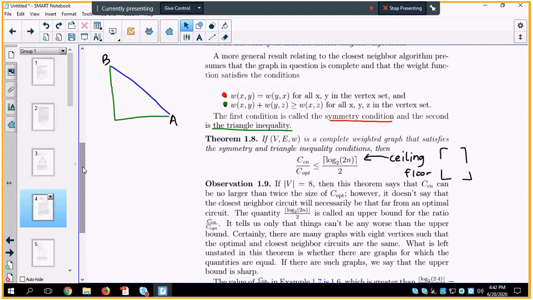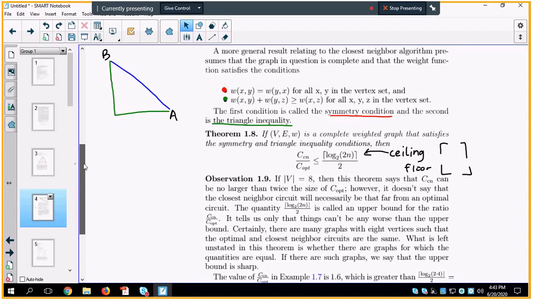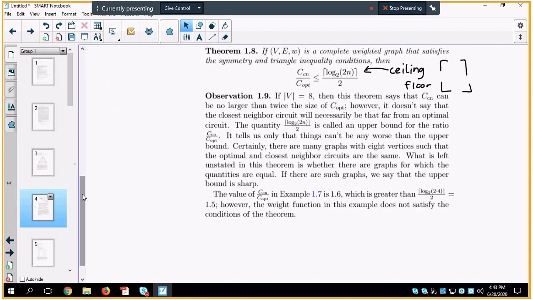So this estimation for a complete weighted graph will always satisfy this inequality. So then they've made the observation here that if the cardinality of the vertex set is 8, then the theorem says that this ratio can be no larger than twice the size of the optimal path.